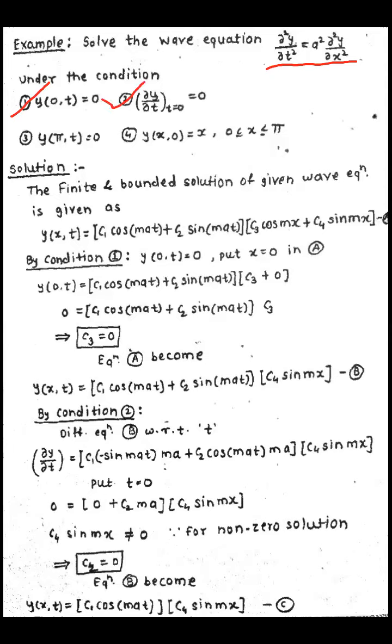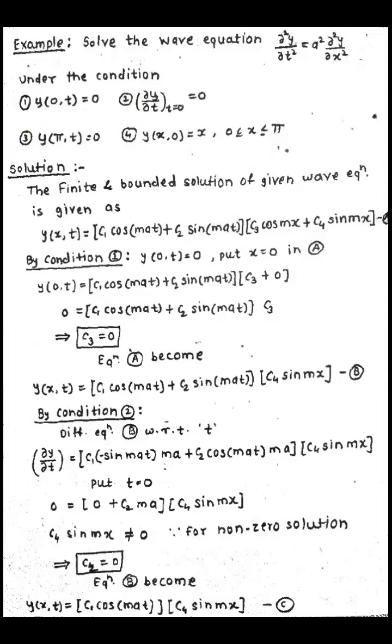Second, ∂y/∂t at t = 0 is equal to 0. Third, y(π,t) = 0. And fourth, y(x,0) = x for x lying between 0 and π.